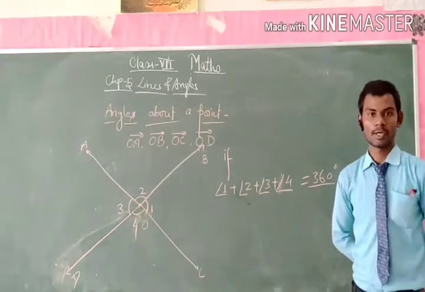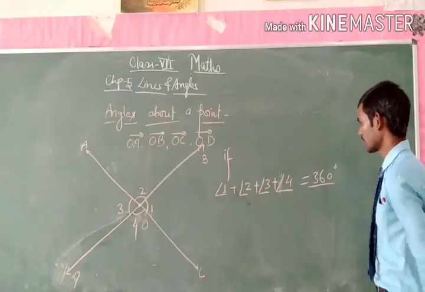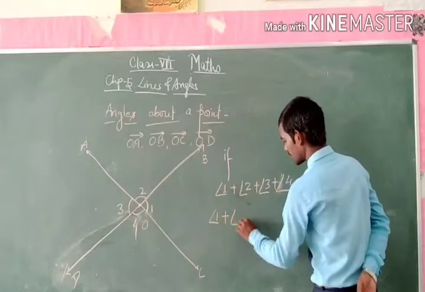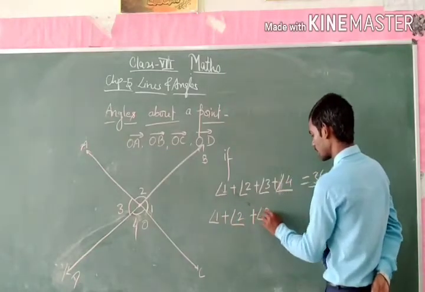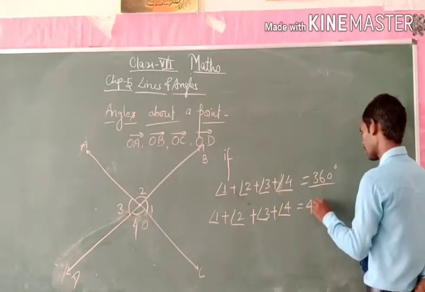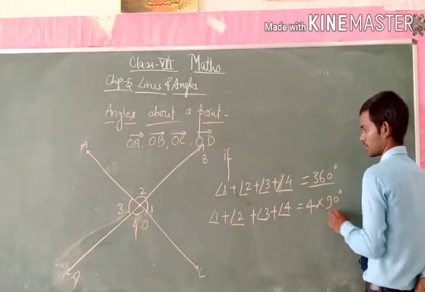Also we can write it like this: angle 1 plus angle 2 plus angle 3 plus angle 4 is equal to 4 multiplied by 90 degrees.